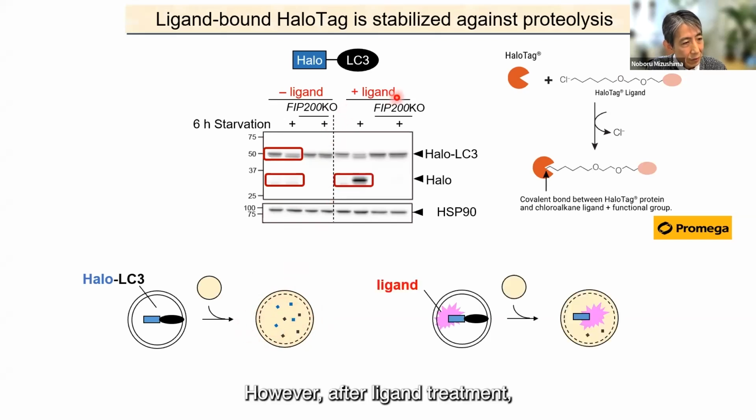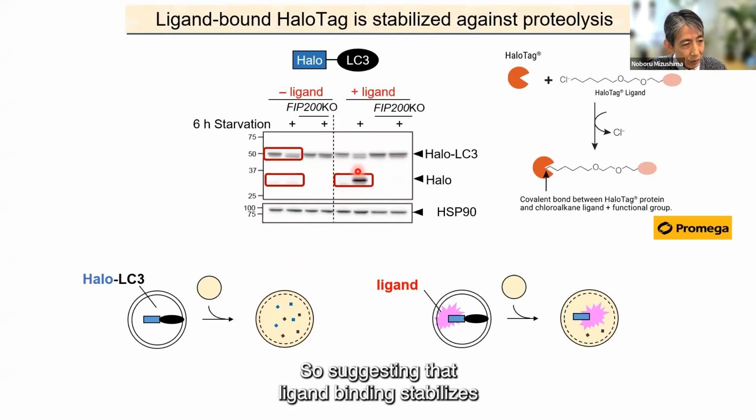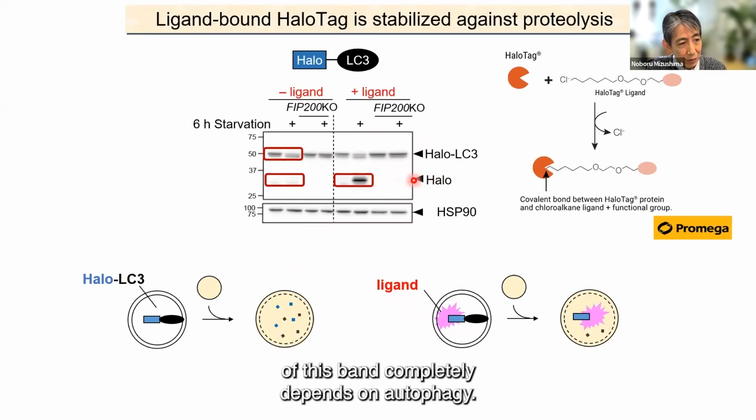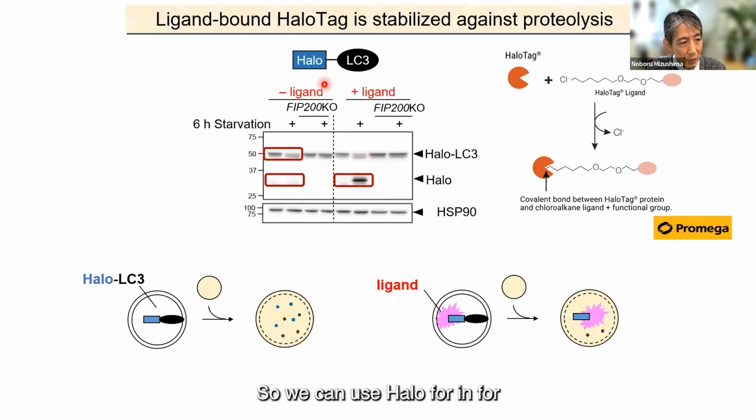However, after ligand treatment, we could detect the Halo fragment, suggesting that ligand binding stabilizes the HaloTag inside the lysosomes. This band was not detected in ATG7 knockout cells, so the production of this band completely depends on autophagy. So we can use Halo for the processing assay in mammalian cells.